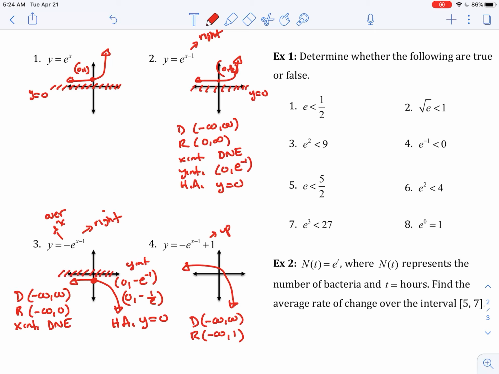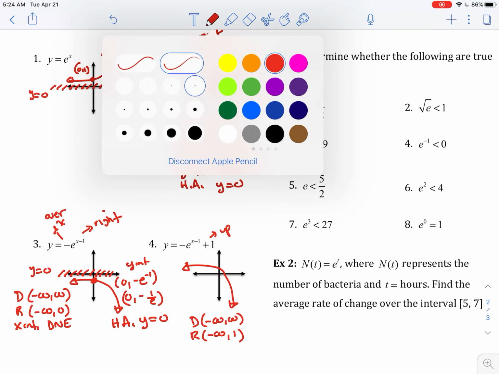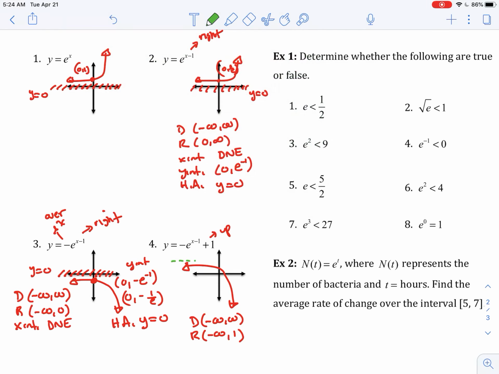Because keep in mind, if we had a horizontal asymptote here at y equal to 0 and everything has shifted up 1, then now our horizontal asymptote has moved up to y equal to 1, which means our range values now go from negative infinity up to 1, not including that 1. We now do have an x-intercept.